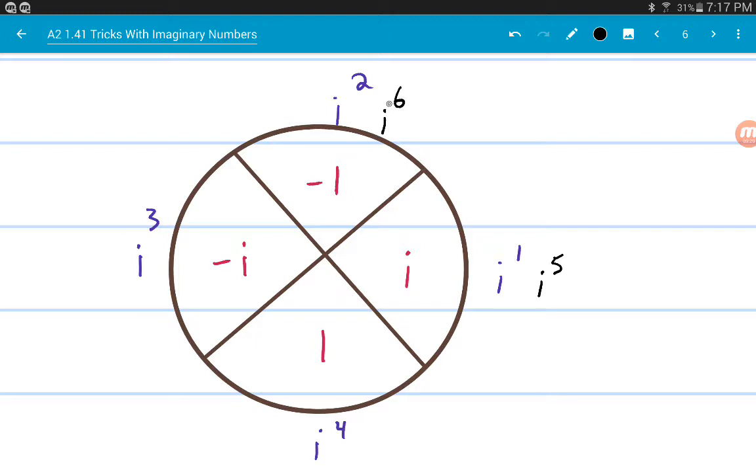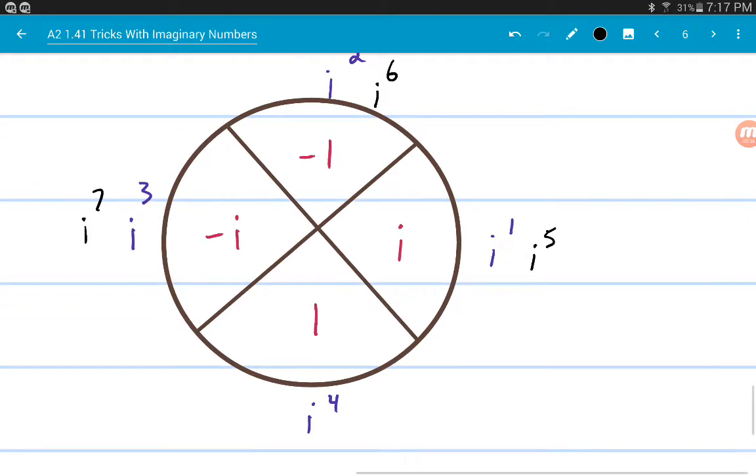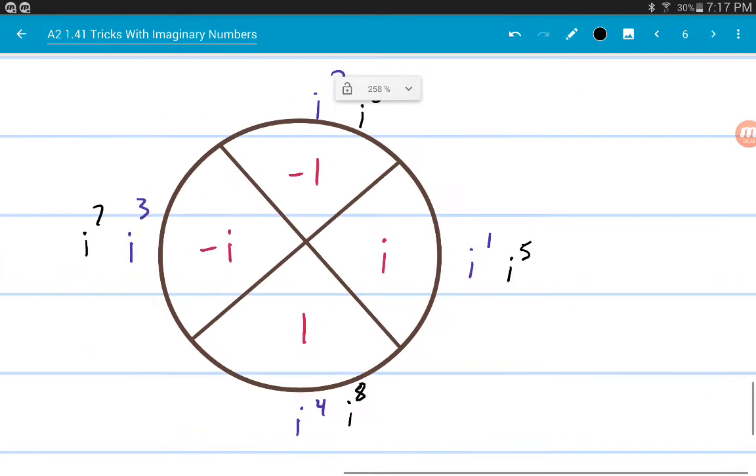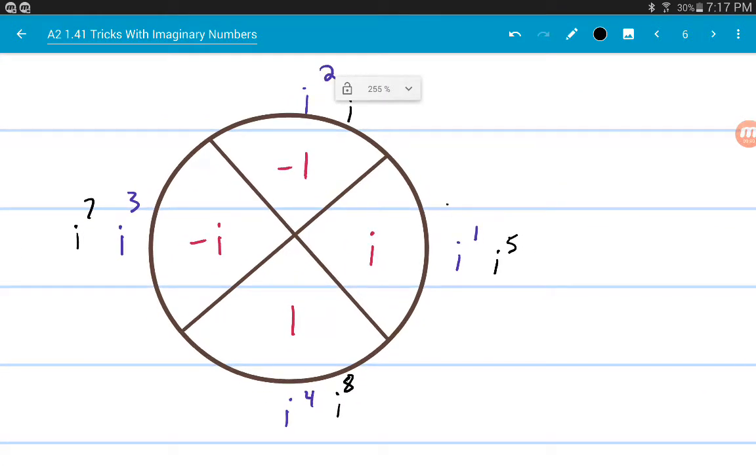i to the sixth, i to the seventh is negative i. i to the eighth. I'll go one more. i to the ninth. i to the 10th. So i to the 10th would be negative 1. I could tell that from this chart. i to the 11th. And i to the 12th.